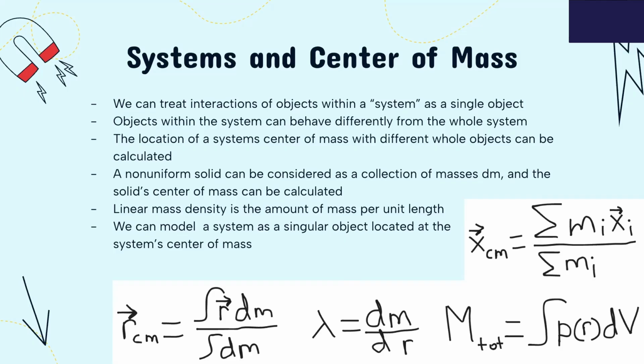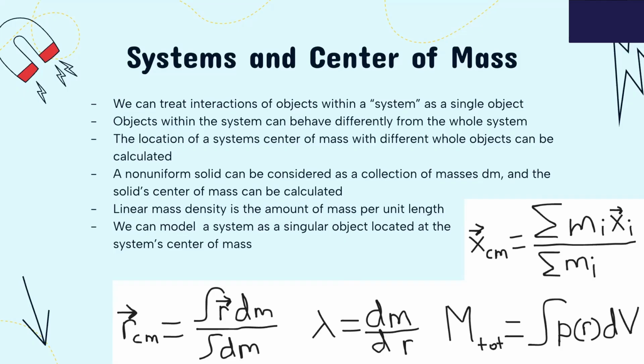But for non-uniform solids, we consider them as a collection of infinitesimal masses dm. We sometimes use the linear mass density, which is the amount of mass per unit length, or lambda, to solve it. And then we model a system as a singular object located at the system center of mass.